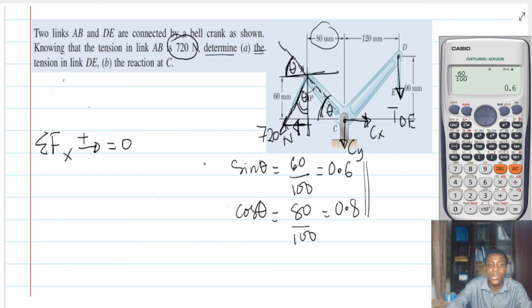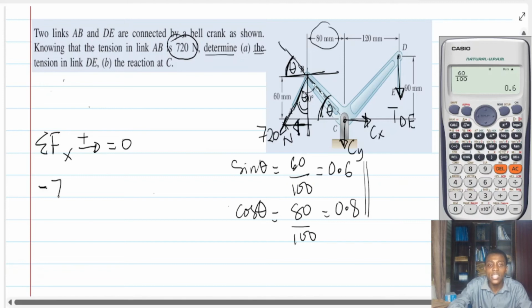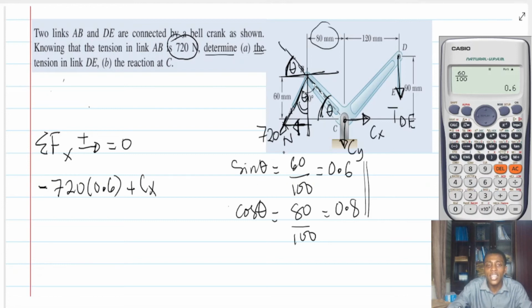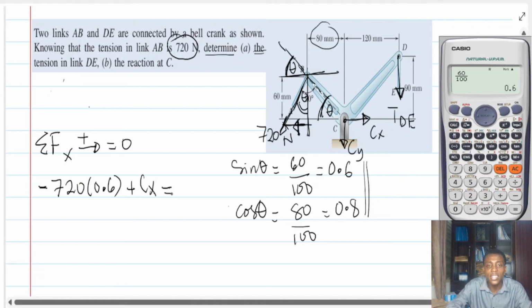And sine theta is 0.6. So it's going to be minus 720 multiplied by 0.6. Okay. And then I have Cx. Now Cx, I have designated Cx to move here. So it's going to be plus Cx. Now there is no force along the x direction again. Therefore, I can say that this is going to be 0.